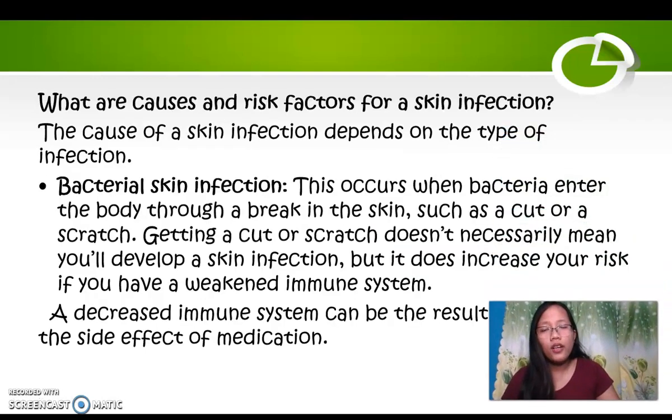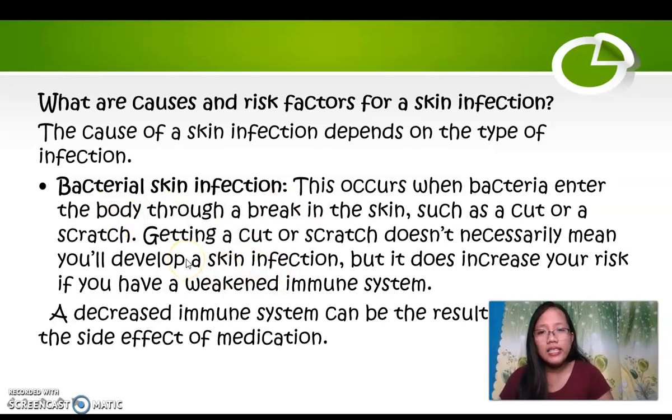So what are causes and risk factors for a skin infection? The cause of a skin infection depends on the type of infection. For example, the bacterial skin infection occurs when bacteria enter the body through a break in the skin, such as a cut, a scratch, or a wound.